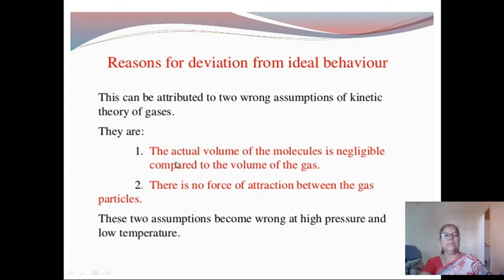The first reason: the actual volume of the gas molecules is negligible as compared with the total volume of the gas, and there is no force of attraction between the gas particles or gas molecules. These two assumptions hold good only in the case of ideal gases, but they are not true in the case of real gases.